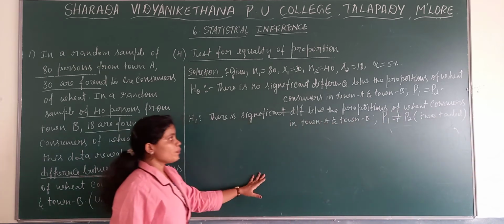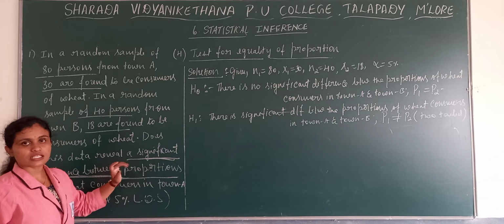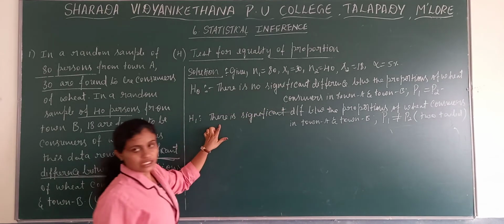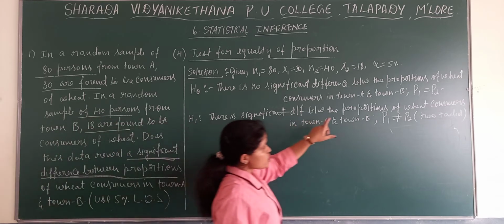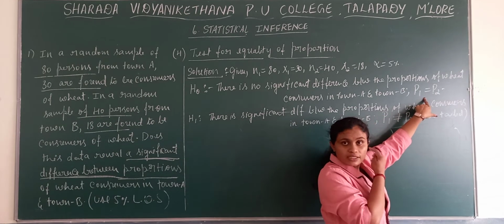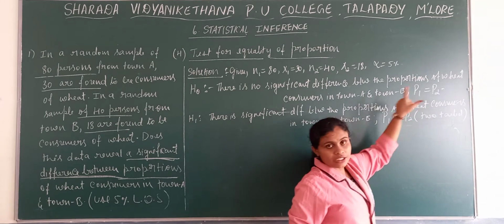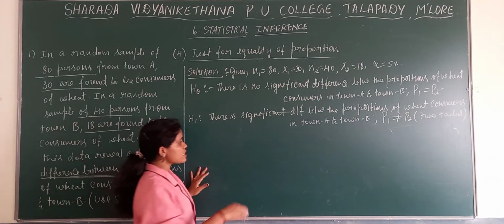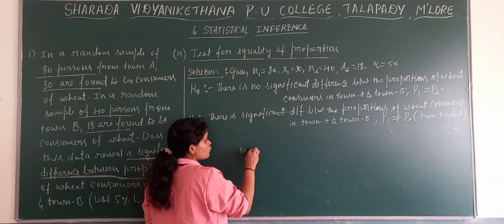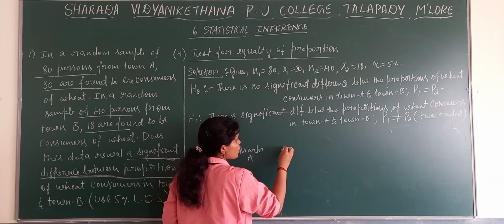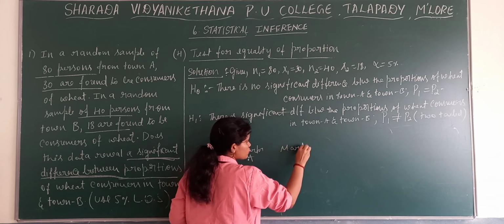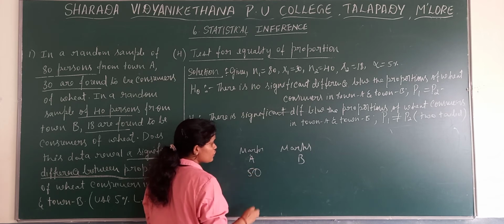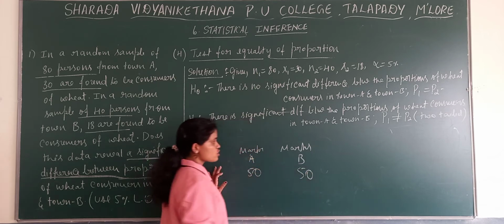One thing to remember: in case of significant difference, the null hypothesis is always that there is no significant difference, and the alternative is that there is significant difference. In order to make it equal, we need to write the sentence as there is no significant difference. For example, the marks of student A and marks of student B. The first one scored 50 in a particular subject, and the other also scored 50.